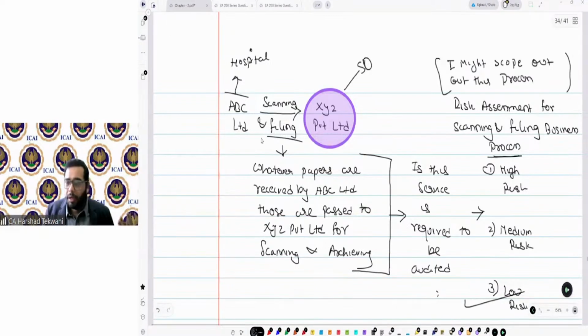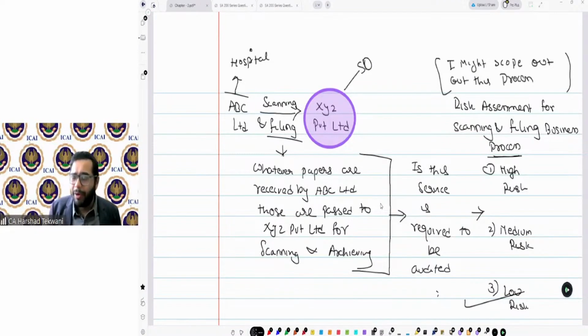There are a lot of similar processes. For example, performance evaluation. All the data is taken together and shared with the service organization. The service organization goes through that data and then comes back: you should give this much rating to this person, and this much rating to that person.